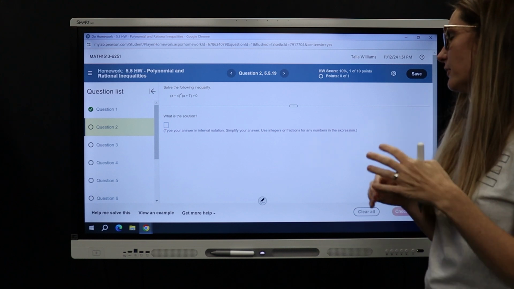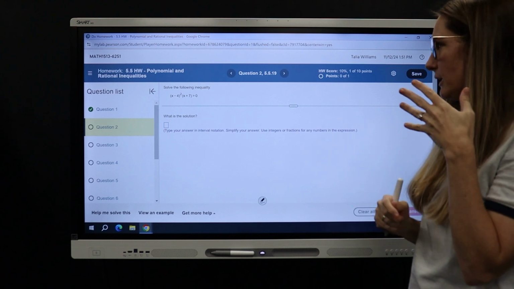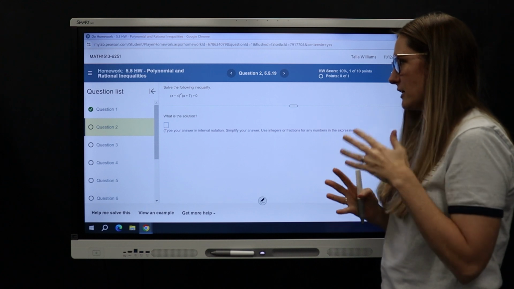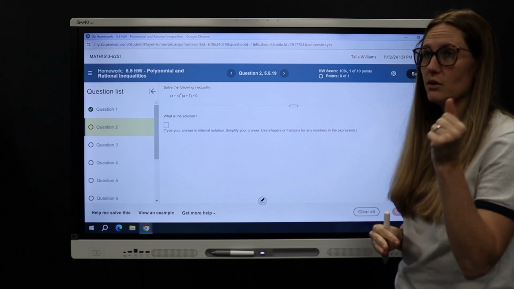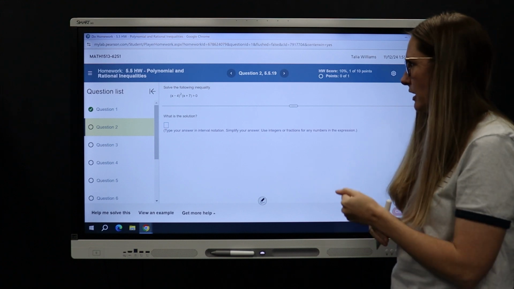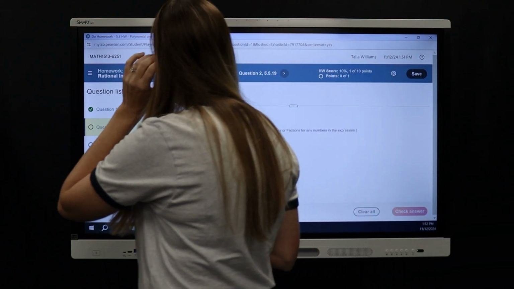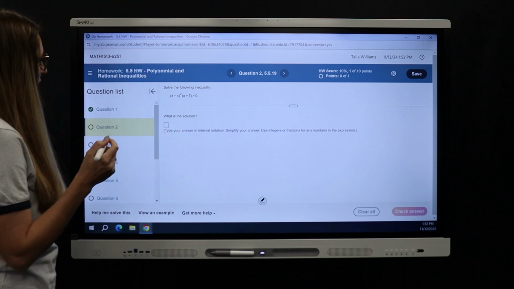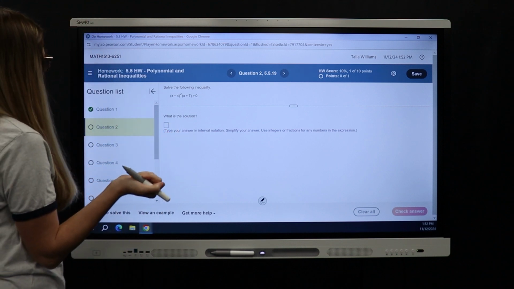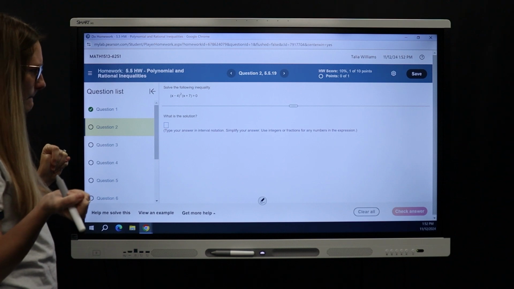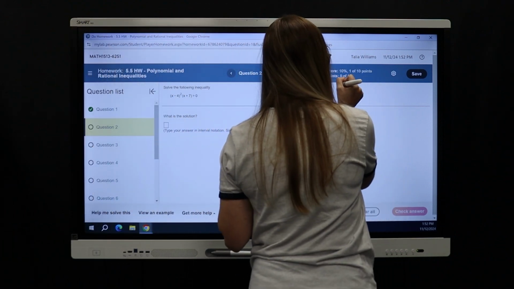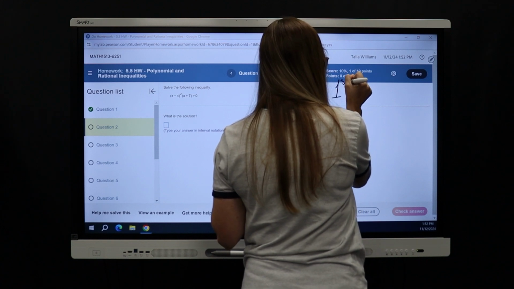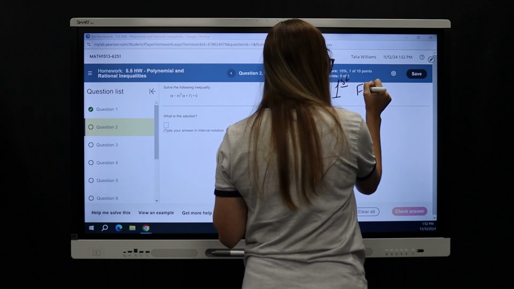So right here, first thing we have to do when we're doing these problems is find our zeros, and then we have to set up intervals, and then we have to test these intervals. First, find zeros.